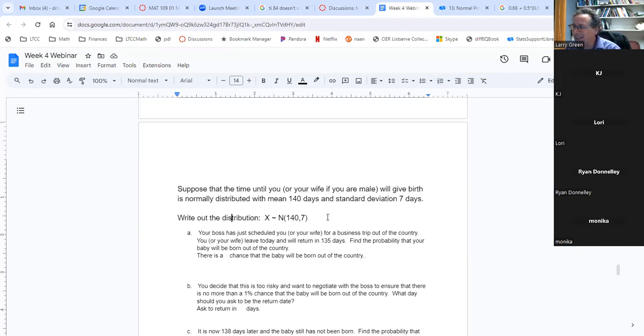Do you really think the date at which you're going to have a baby is normally distributed? What do you think? Any guesses? It's just a guess. It's biology, not math. Okay.